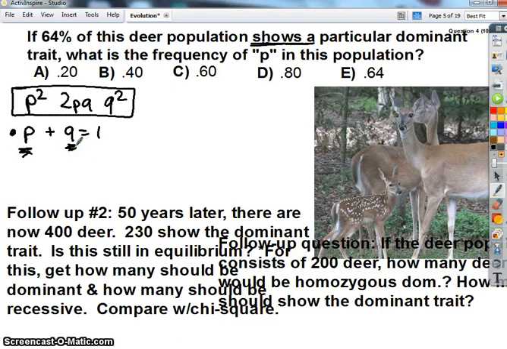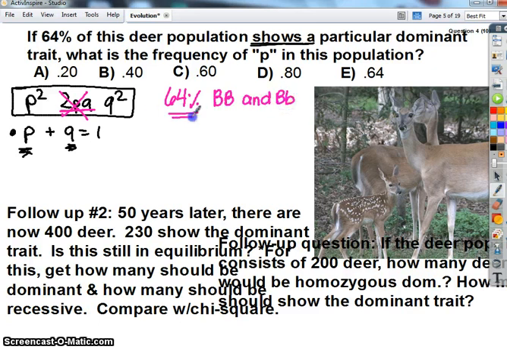The only piece of information that would be completely useless to give you is 2pq. If that was the only piece of information you had, you couldn't solve the problem because you have two variables. But if you've got p squared or q squared or p or q, you can get any other piece of information you want. So if 64% shows the dominant trait, this is a little bit tricky because showing the dominant trait would include everybody that's big B, big B, and everybody that's big B, little b.